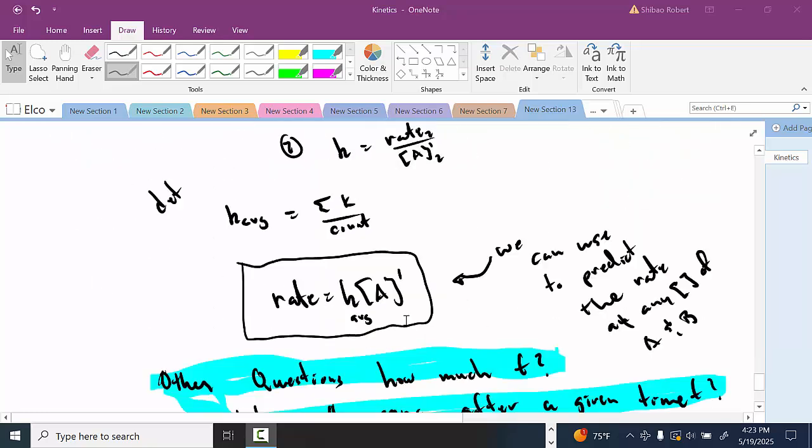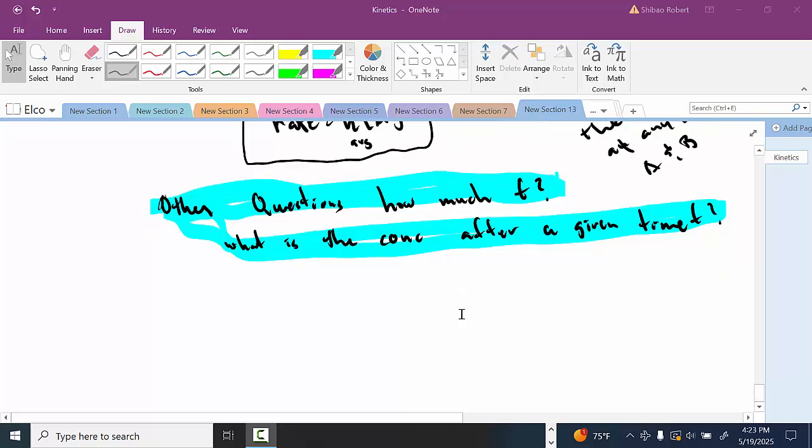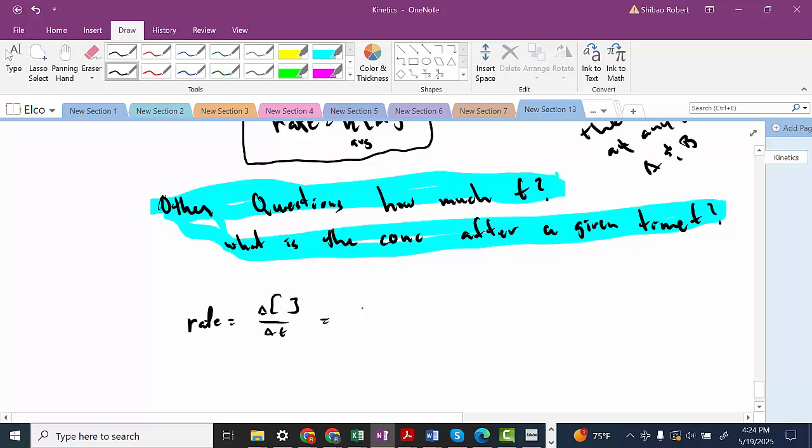Now, coming down here, we were asking the question, how much time and what is the concentration? So we're interested in changes in concentration and changes in time. For zero order, it's fairly straightforward because what we have here is this. We have that the rate is equal to delta concentration over delta T, and this is just equal to a constant, the slope.